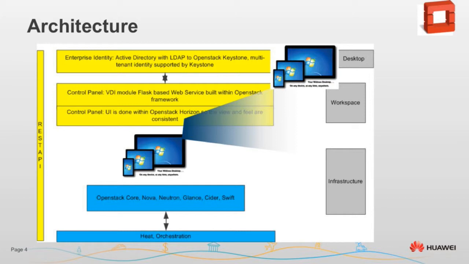In addition to the Horizon you saw, you can have a VDI tab to control your virtual machines, how you want to allocate them, what kind of protocol you want to use, what kind of hypervisor you want to use, whether it's for engineering, for marketing, or for your consumers.